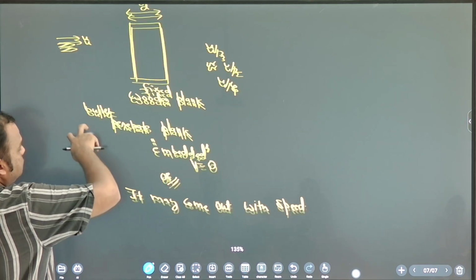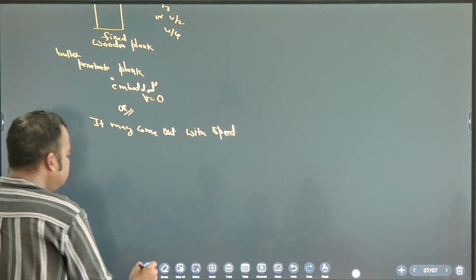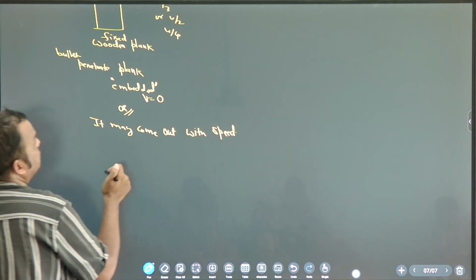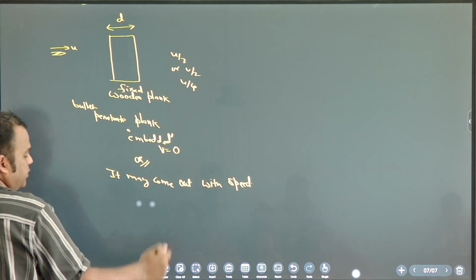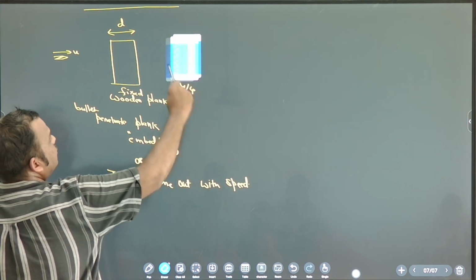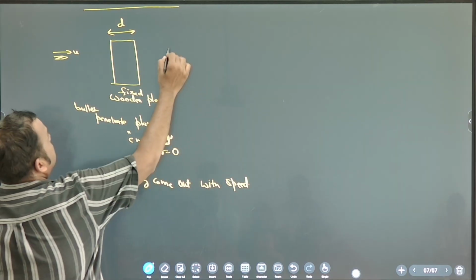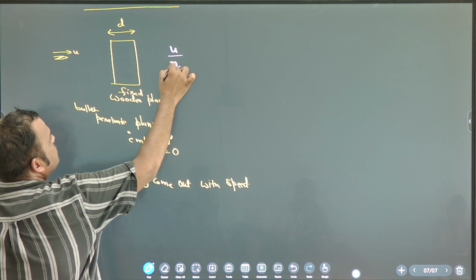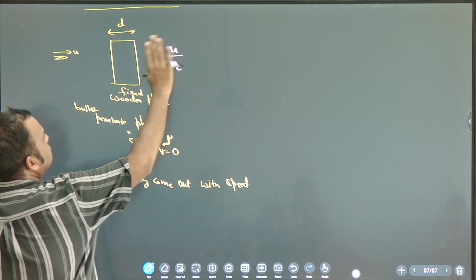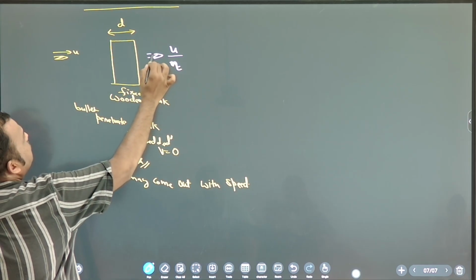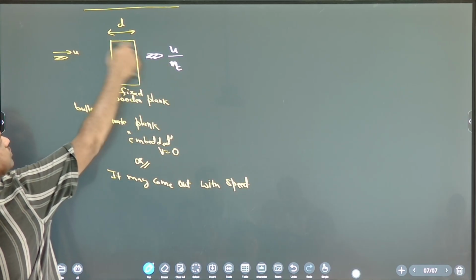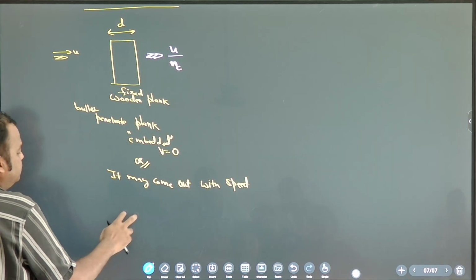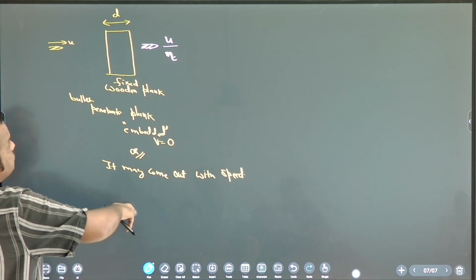So how many planks are needed to completely stop it? That is the question. So you write down, u by n, you can assume n. So what is the velocity before collision with the plank? u. After collision, u by n.